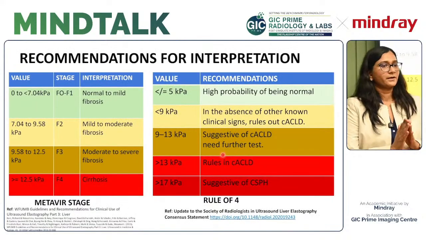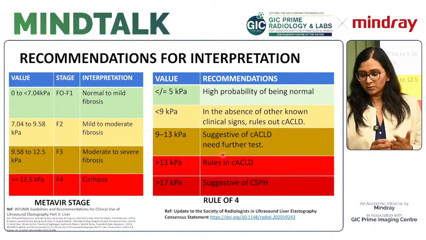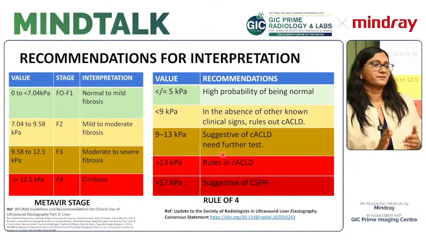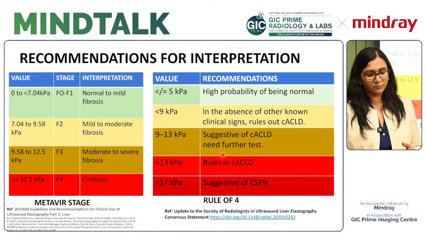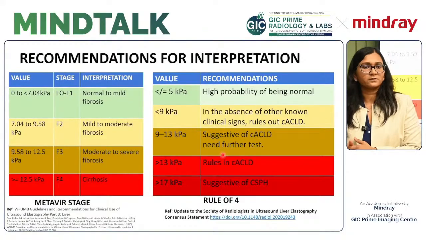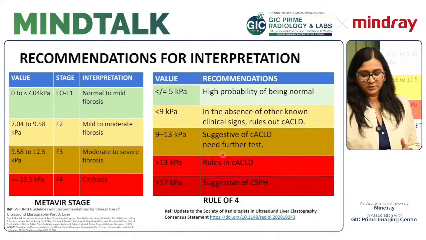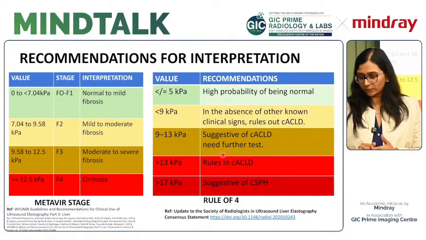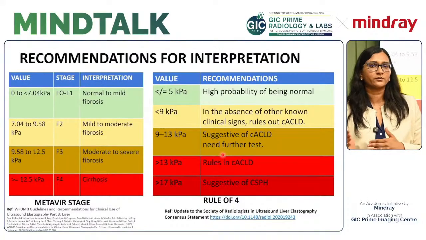These are some recommendations for interpretation. Previously, we were using Metavir score to grade the liver fibrosis. If it's less than 7, it was normal, and then progressively mild, moderate to severe fibrosis. Nowadays, we are using the standard rule of 4 criteria to categorize the patient, which is vendor neutral also. If it is less than 5 kPa value, that is high probability of being normal.